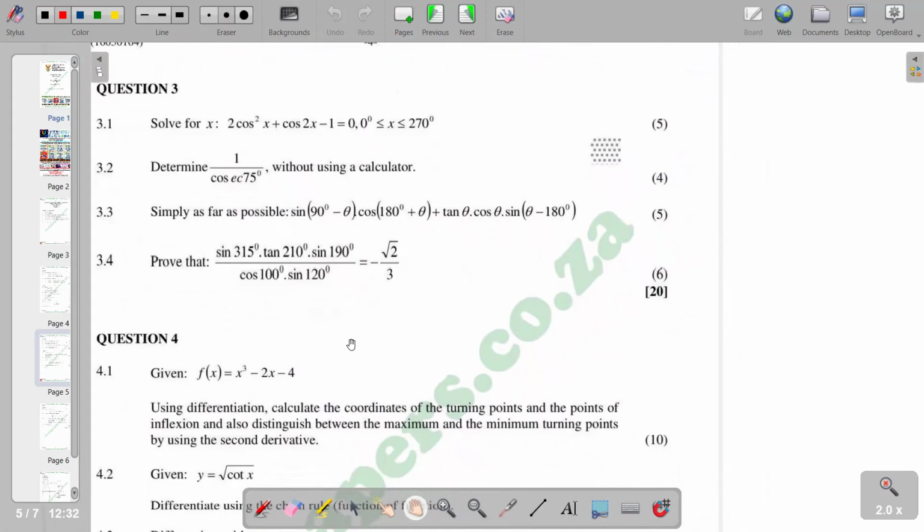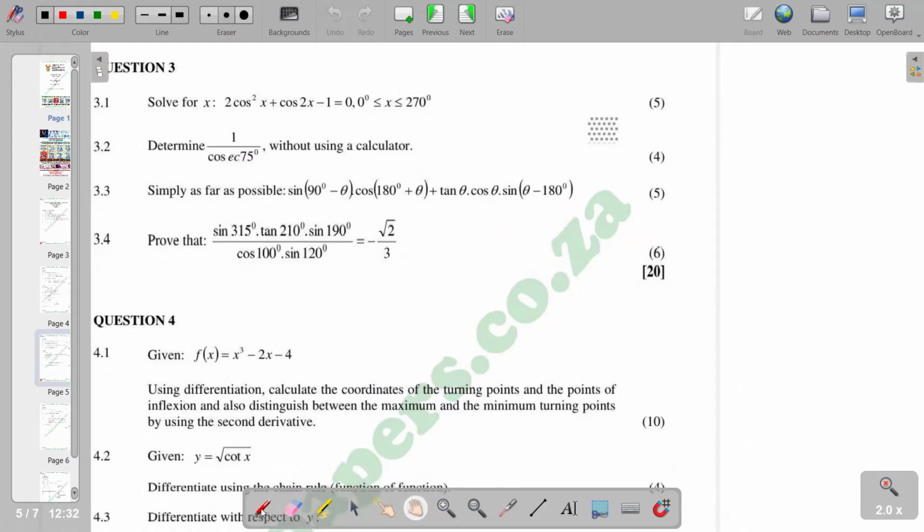Here is our question 3. We are given, they are saying solve for x.